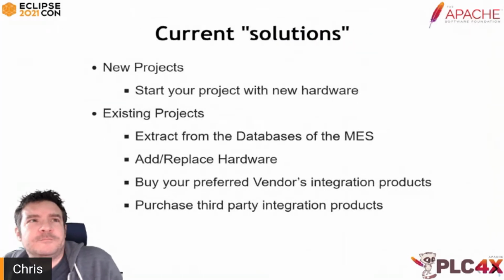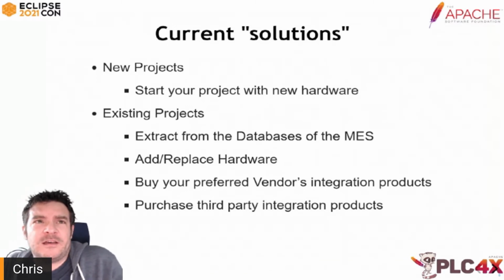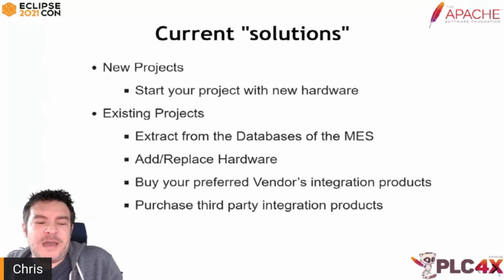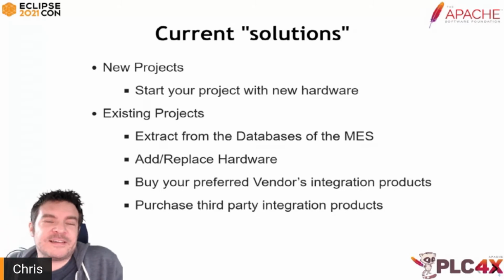So if you're confronted with how to get started: if you've got a new project, you've got no problems at all. You just take new hardware and use MQTT, OPC-UA, whatever. But as soon as you get to existing projects, things are quite tricky. In the past, I've ordered them by the amount of solutions I've seen out there.